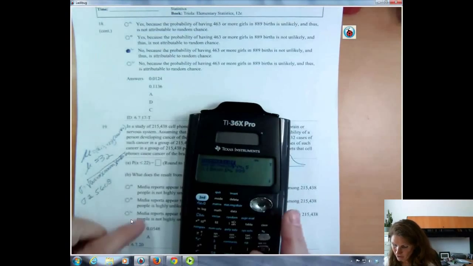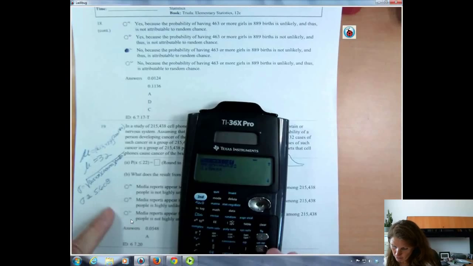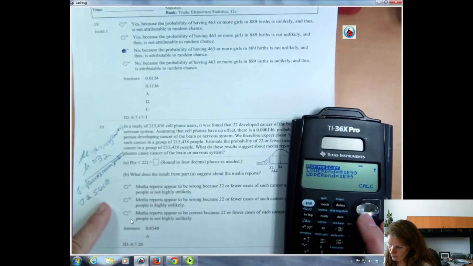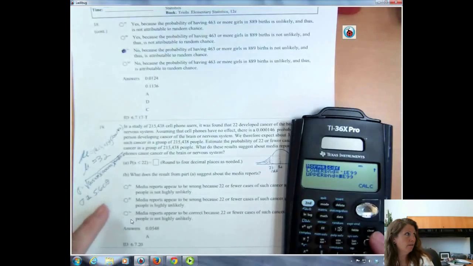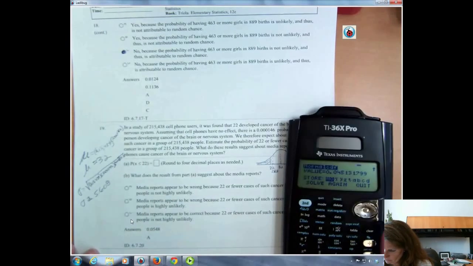Remember, you can clear out all this by just going to on, clear, clear, and you don't have to worry about it, but I didn't do it. So 5.608, and then we're talking about negative infinity up to 22.5. And I calculate that to get 0.0.